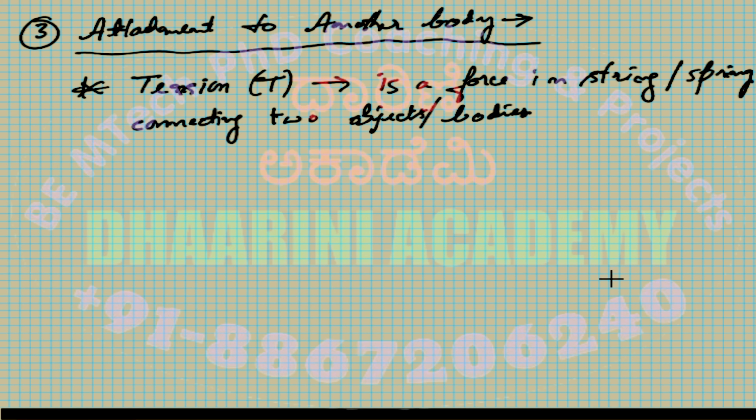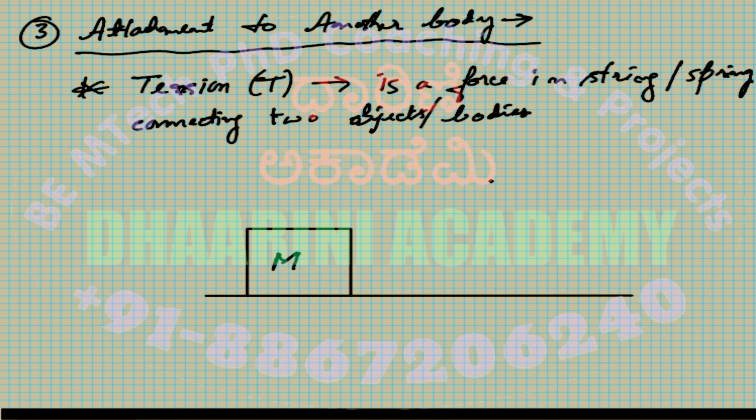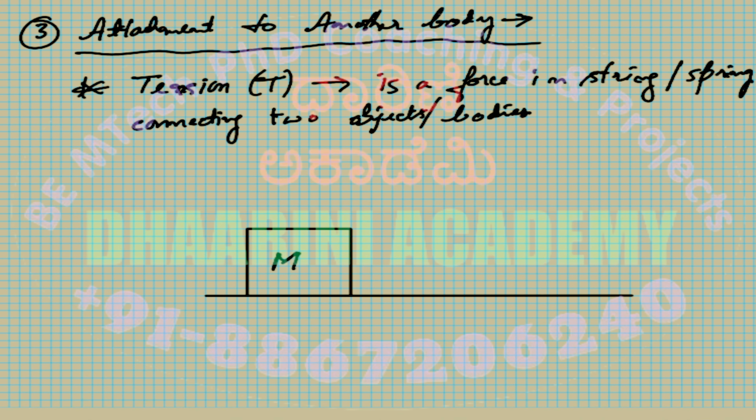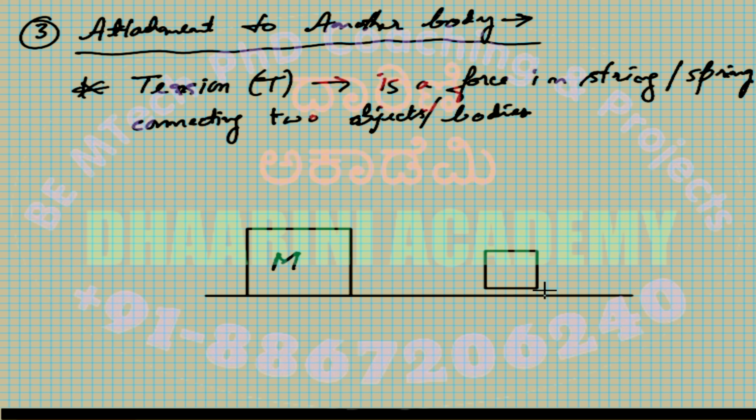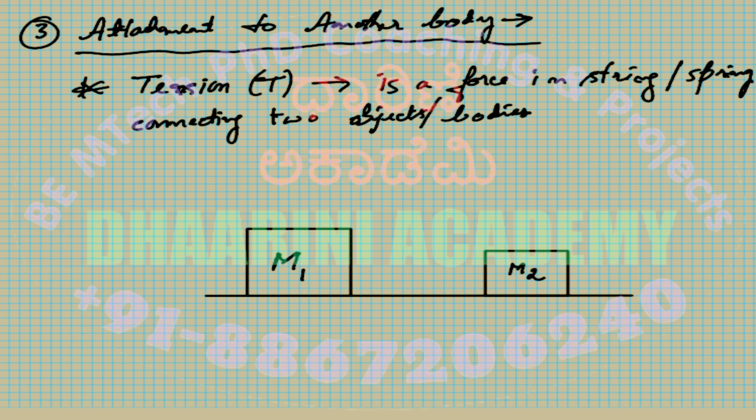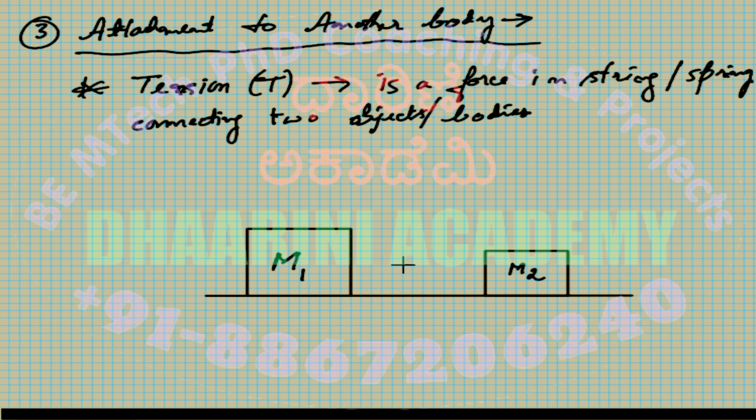A very simple example is connecting two different bodies. This is a body of mass m, and let us say I have another body of a different mass. So say this is m1, this is m2, and let us say we are connecting the two bodies by means of some sort of a string, and we are trying to pull one of the masses, right?